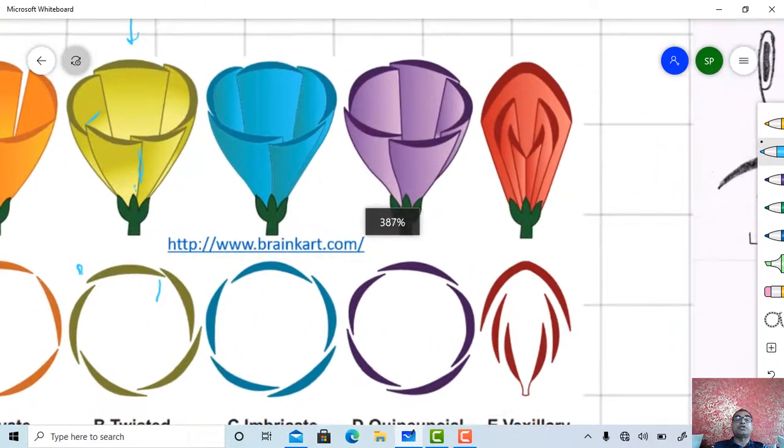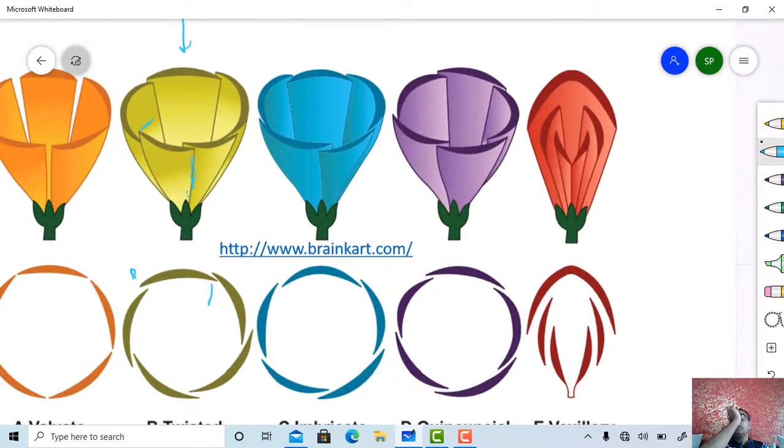In case of imbricate aestivation, you will observe one leaf completely on the outer side, one completely on the inner side, and the remaining sepals, petals, or perianth leaves showing the overlapping.